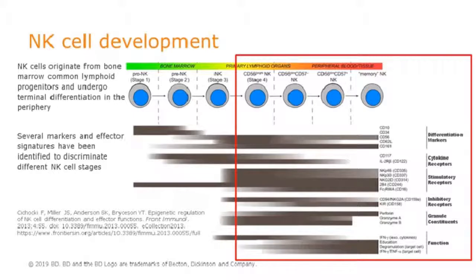The opposite phenomenon you will see in the expression of KIR receptors. These are killer immunoglobulin-like receptors that are not so expressed in the early CD56 high NK cells, and they're gradually overexpressed in mature cells. So you can really observe this pattern of expression as cells change through maturation.